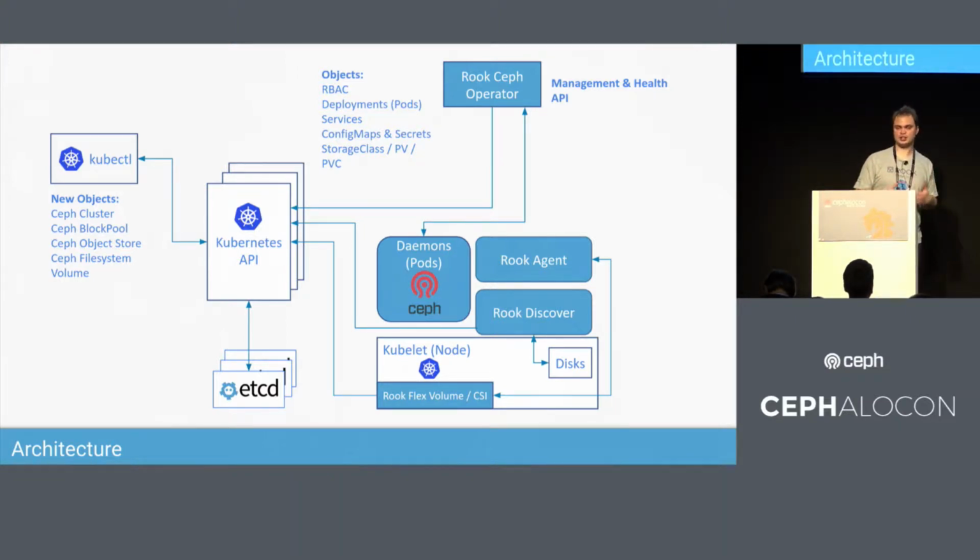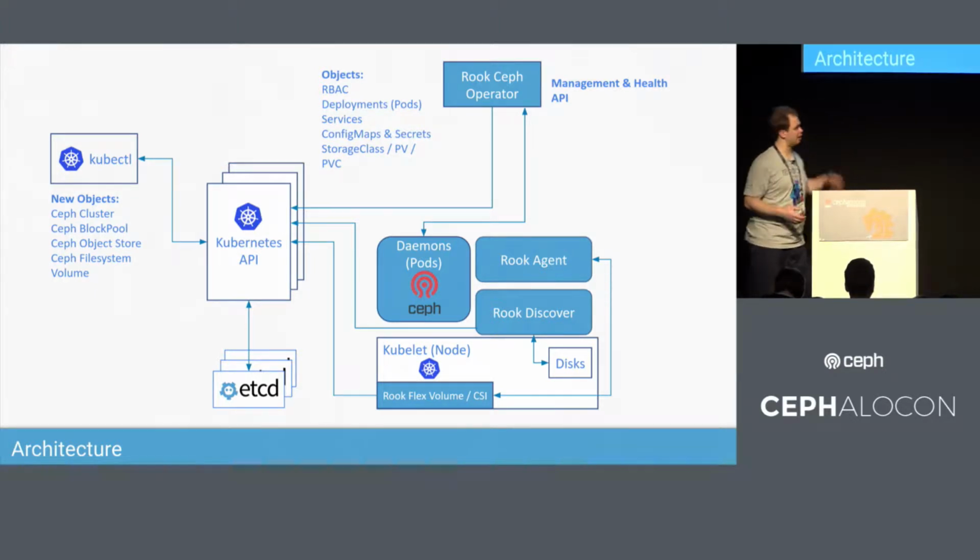You create a new Ceph block pool object in Kubernetes, and then a new pool is created in the Ceph cluster. If you want a volume for your application, we have a small example of that later on too. You would normally just use the process of how Kubernetes does it with so-called persistent volume claims. But again, the input path is basically through kubectl, the client tool, which talks with the Kubernetes API.